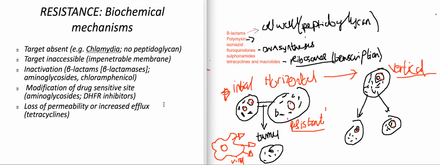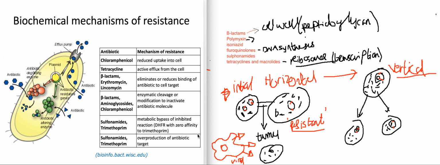If you have increased efflux proteins, it's very hard for the drug to get into the cell because these efflux proteins would simply take the drug back out. So 1, you have target absence. 2, you have inactivation. 3 is target inaccessibility, so the outer membrane. 4, modification of the drug's binding site, so it's not complementary anymore and therefore the drug won't bind. 5, loss of permeability or increased efflux.